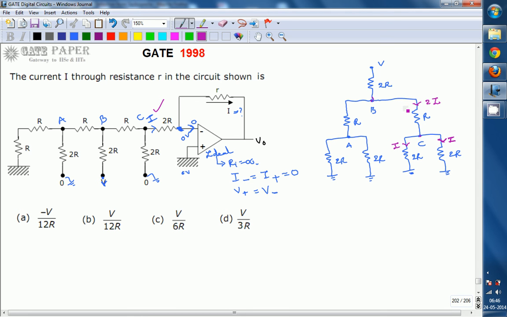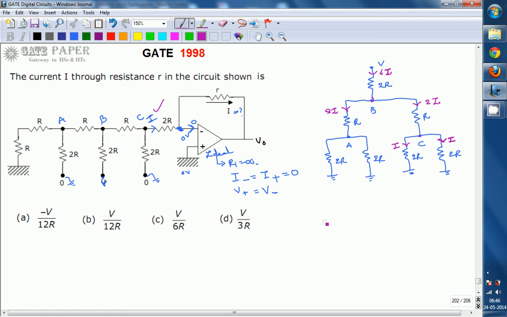That is, the circuitry from node B to ground on the left side and right side are symmetrical to each other. So we can expect the same current to flow in this R resistor, that is also 2I. The total current drawn from the node voltage V is 2I plus 2I, which is 4I. So 4I is the current coming from V.